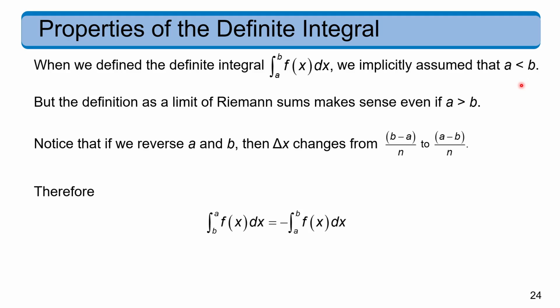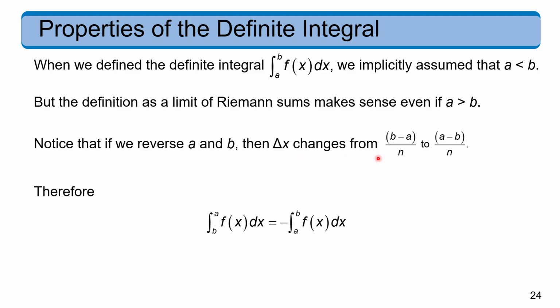But you could apply the limit definition using our Riemann sums for this case, even if a is greater than b. Right? So we could reverse the order. If we do choose to reverse the order, your delta x in the formula would change.